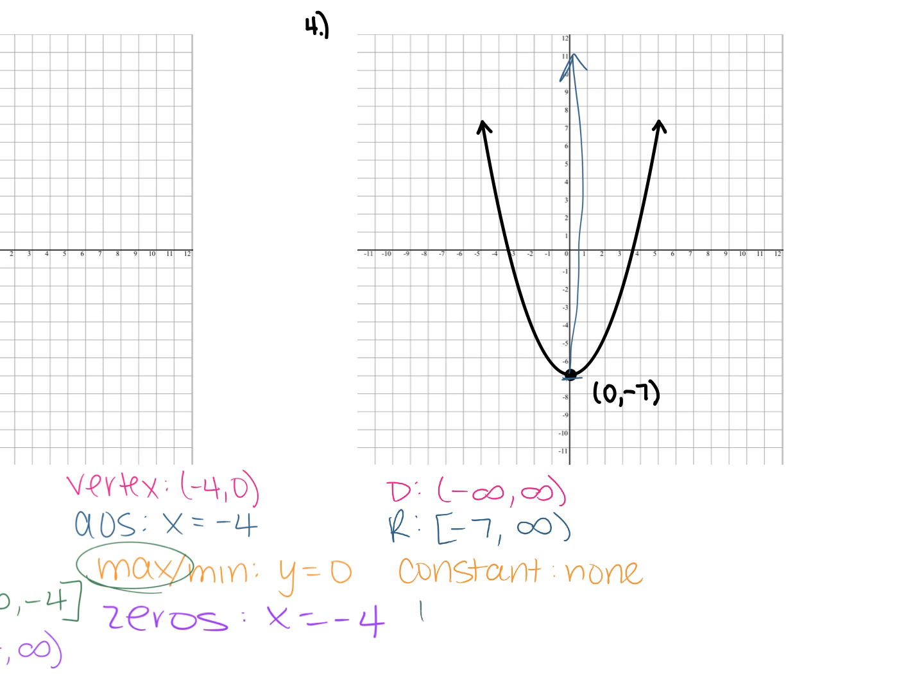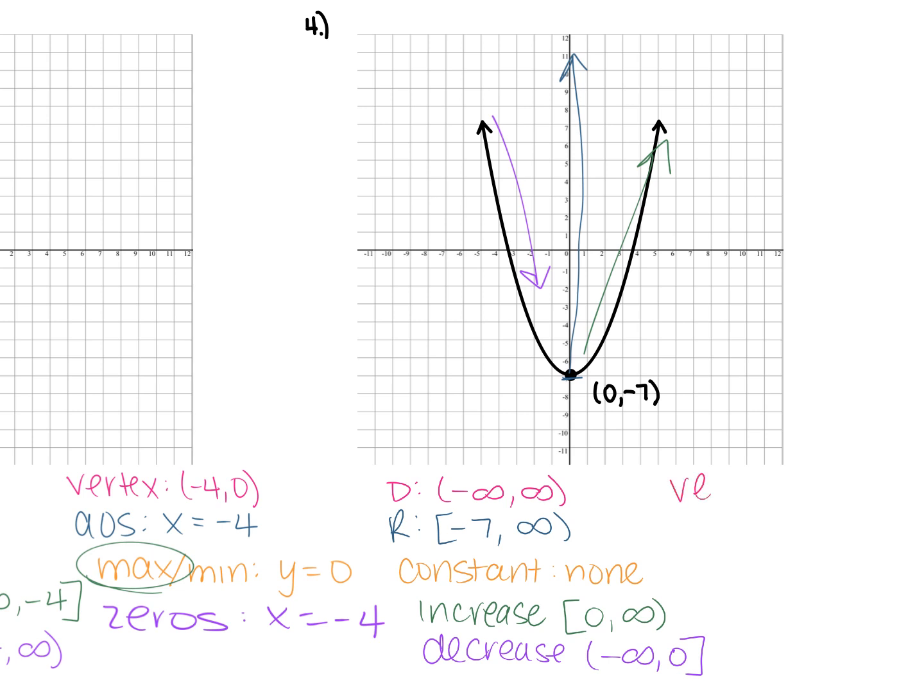Your increase from left to right, where it goes up, is from 0 to positive infinity. Your decrease is going from negative infinity to 0. Your vertex, we said, is the ordered pair 0, negative 7.